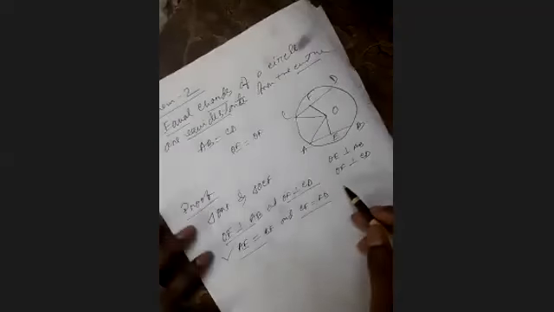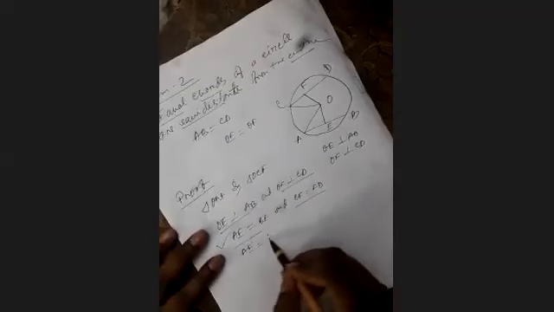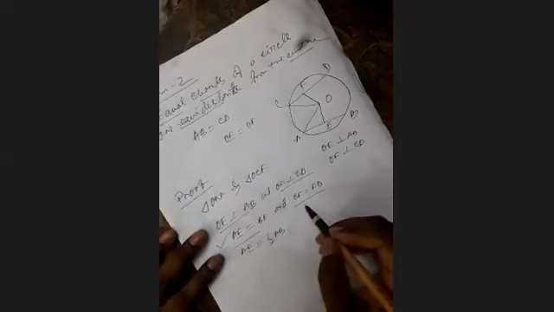Whenever you draw the perpendicular OE to AB, then AB is bisected at the point E, so you can write AE equals EB, and also OF is perpendicular to CD, so CD is bisected at the point F, so CF equals FD. You can also write AE equals half of AB, and CF equals half of CD.